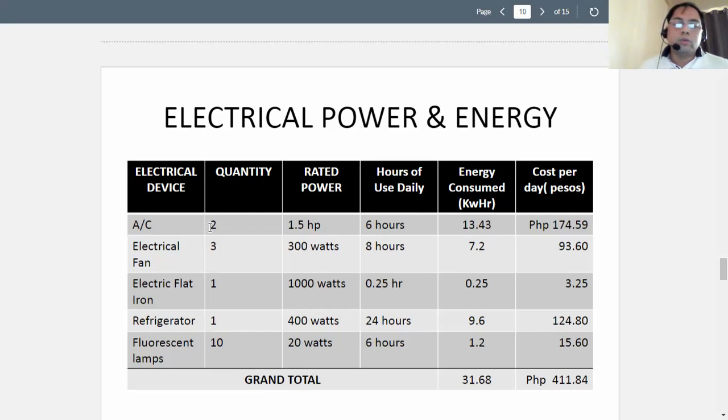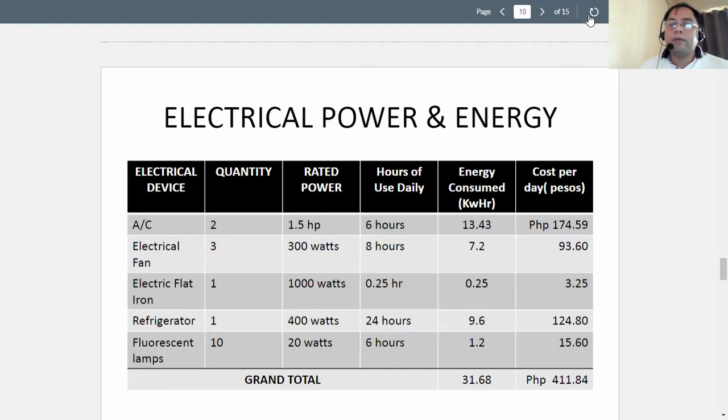Again, we multiply 2 times 1.5 times 746 times 6 hours divided by 1,000. So that will change the value from watt hours into kilowatt hour. So you have to multiply all of them times the conversion of 746 divided by 1,000.